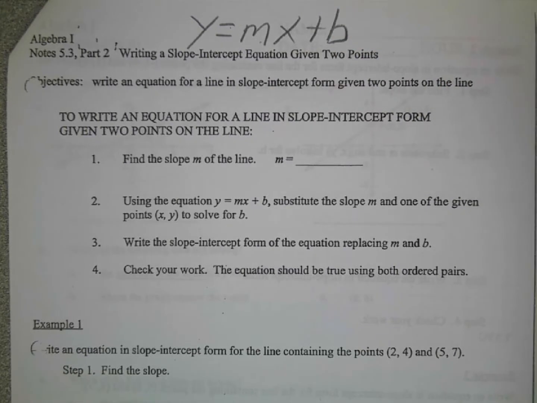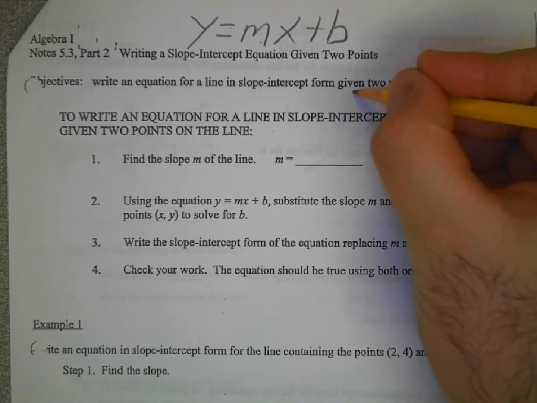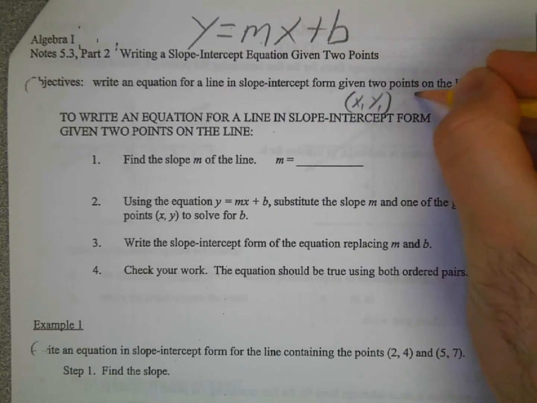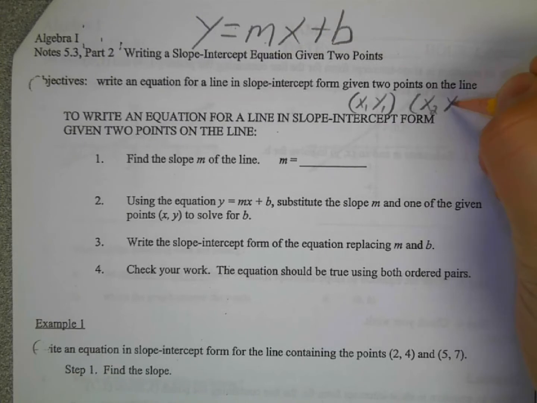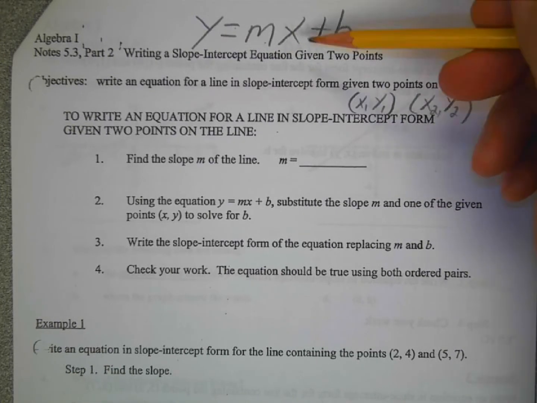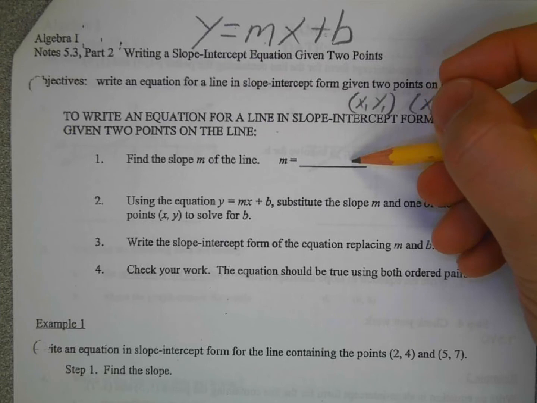When we're given 2 points, that's our x1, y1, and our x2, y2. It's going to be 2 ordered pairs, and we're going to try to write this equation from the 2 points that we may be given. The first thing we want to do is find the slope.